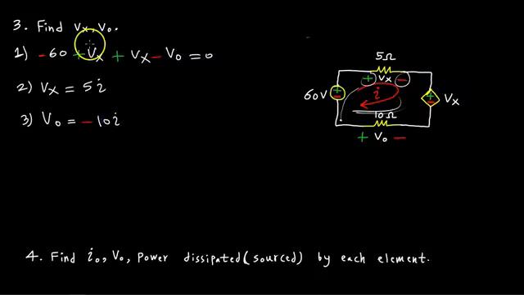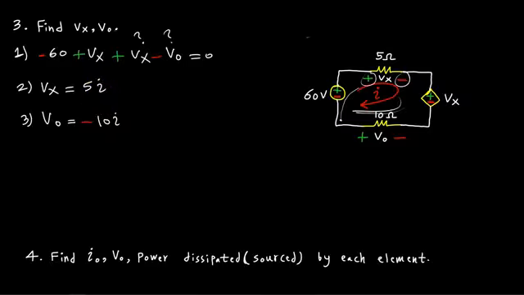Okay, so we found the relationships, and let's look at the equations. In this first relationship, which is based on a physical law, KVL, we have 2 unknowns, Vx and V0. So we need at least 2 equations. Because our second equation has another variable I, then we need 3 equations.